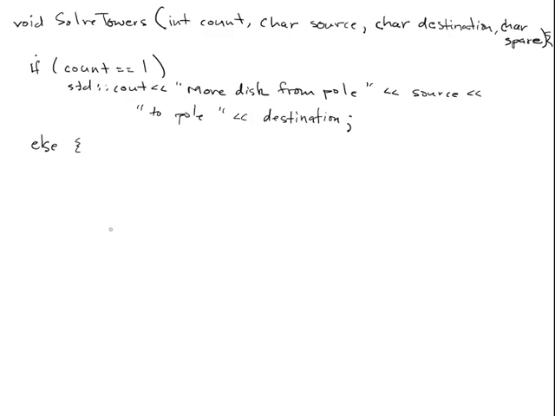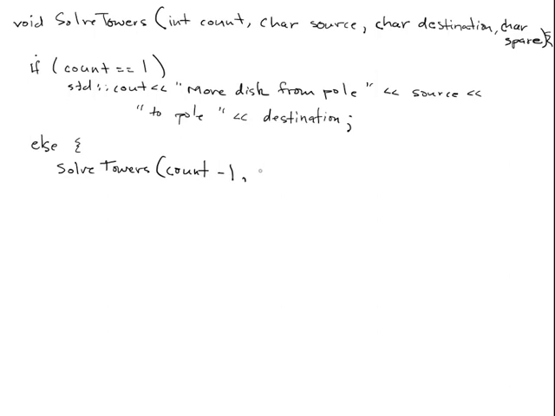Okay, so you know what we do. We solve the n-1 problem, moving our items from the source to the spare. So that's what we do. We call solve towers count -1.